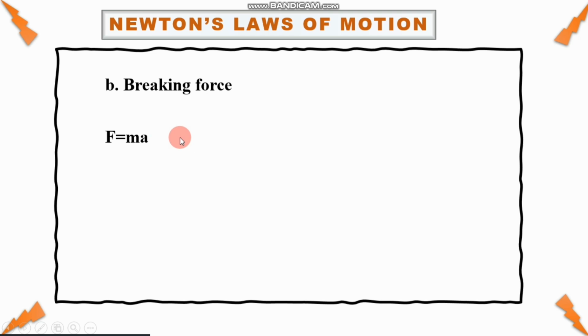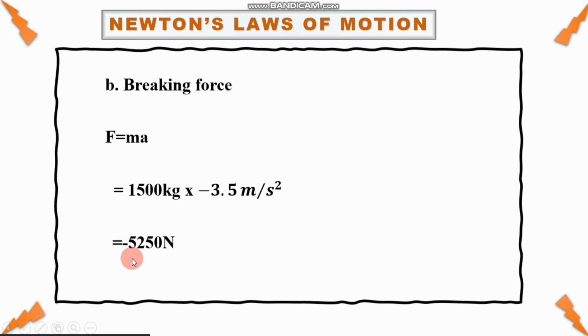If we substitute the values of m and a, we get our force to be 1500 kilograms, remember, 1500 kilograms is the mass of the car, multiplied by the deceleration, negative 3.5 meters per second squared, and we get negative 5250 newtons.